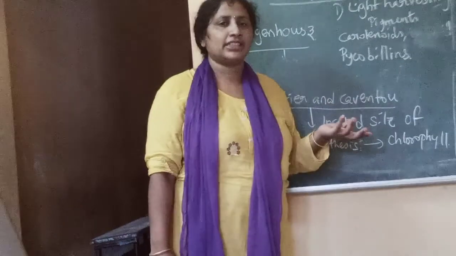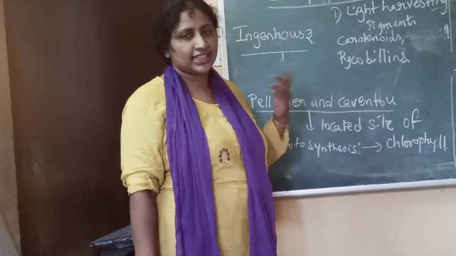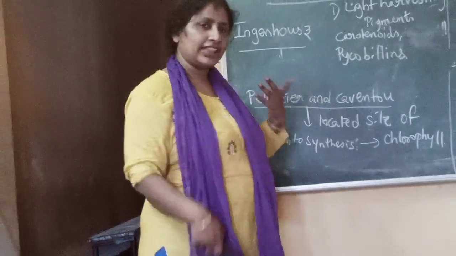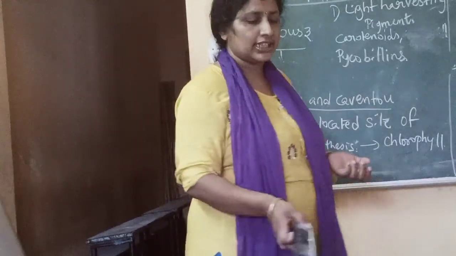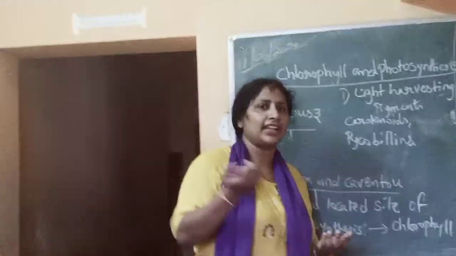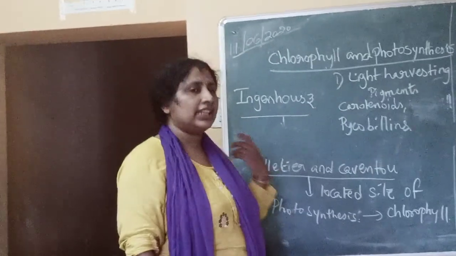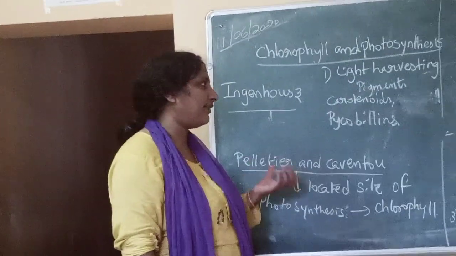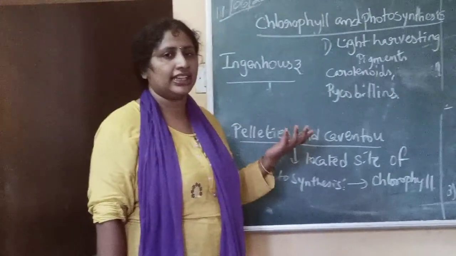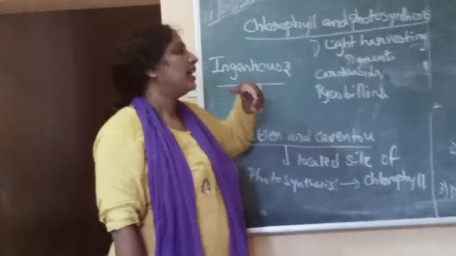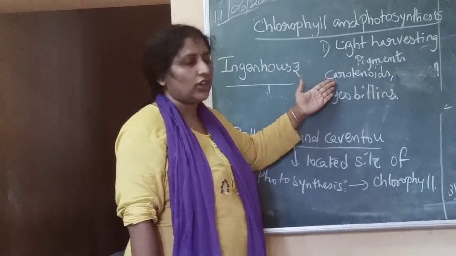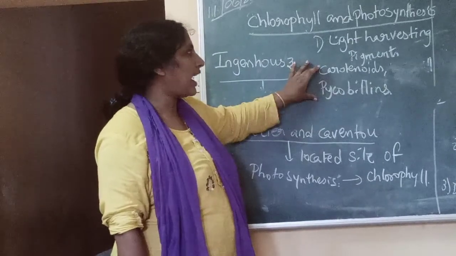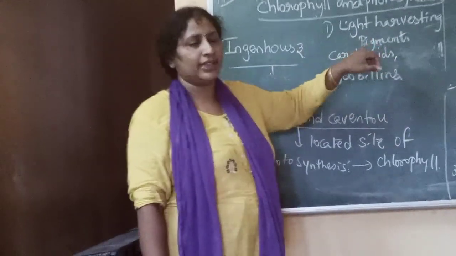But what happens if the leaf is red in color? Some plants have red color leaves. Is photosynthesis carrying on in them? Yes, because those plants are growing. The scientists found that the red color leaves contain carotenoids and phycobilins. These two are light harvesting pigments.